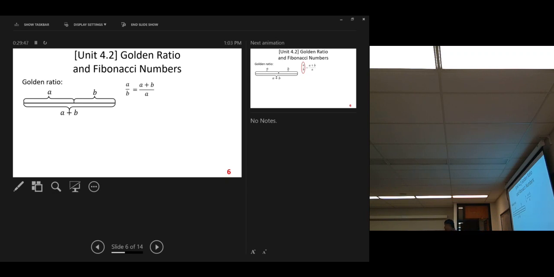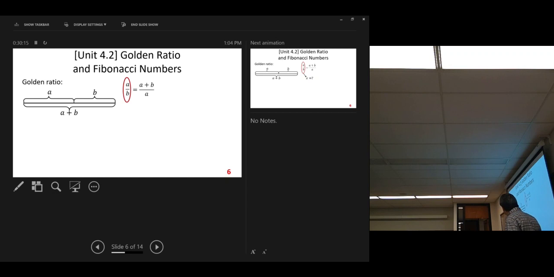In this equation, you have 2 unknowns, but you only have 1 equation. So it's very hard to find the values for A and B, but we can find the ratio A over B.